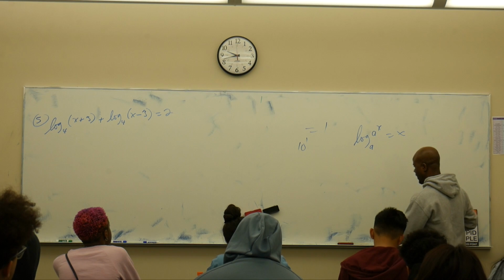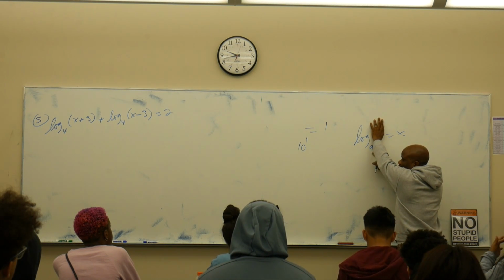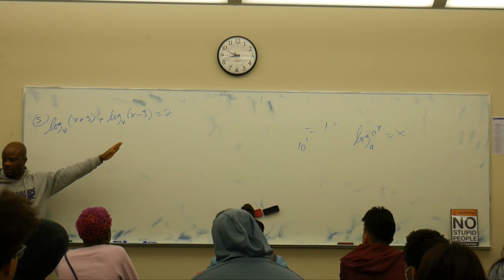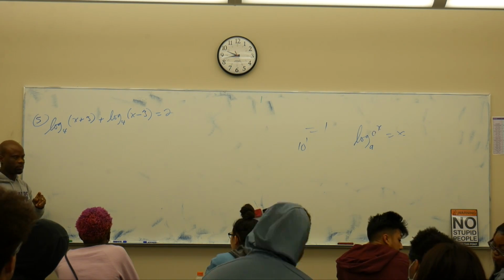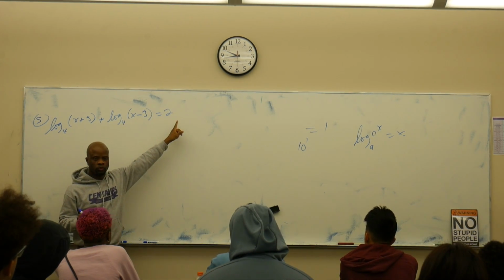So if I have this 2, I want to write it as log base A, so I have to write it as A to the x. Here's what I'm going to write: 4 squared.